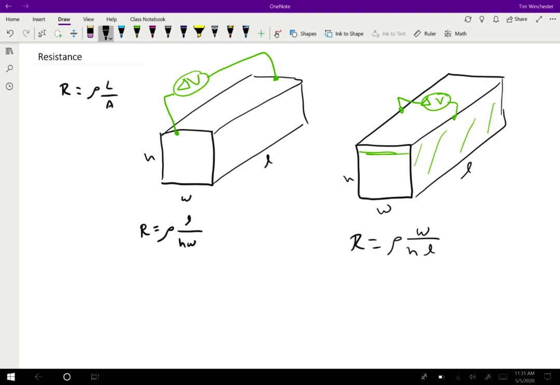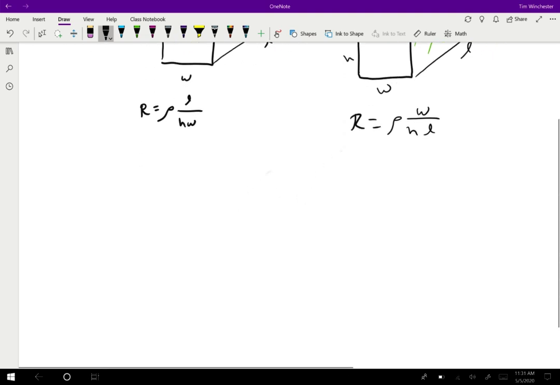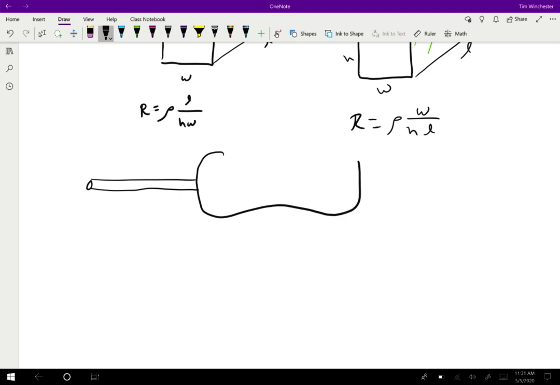Okay, so when I say that it's a property of an object, what do I have in mind? Well, there are actually devices that look kind of like this. So there's a wire, like so, and then an object kind of in the middle of the wire, kind of like this, and then another wire coming out of the other side.